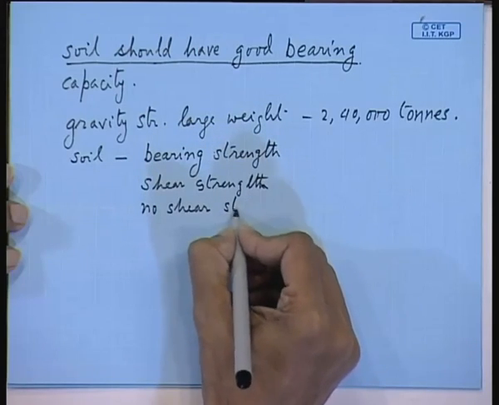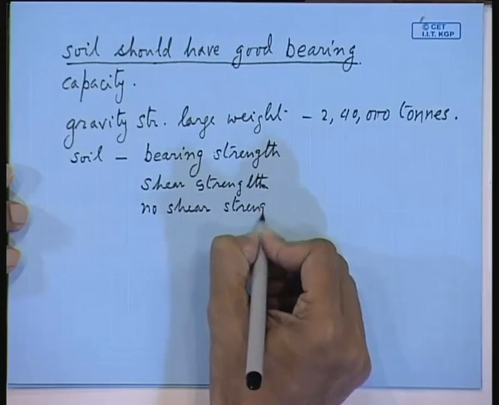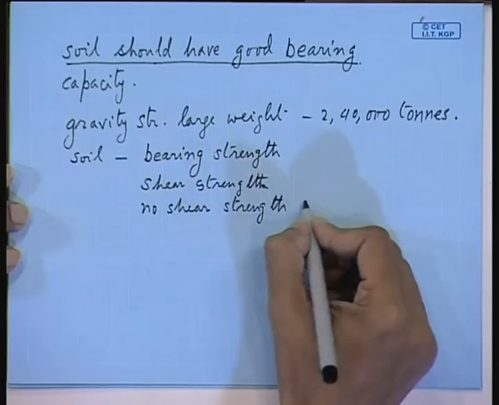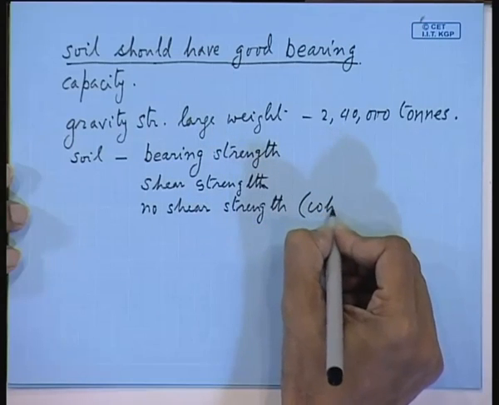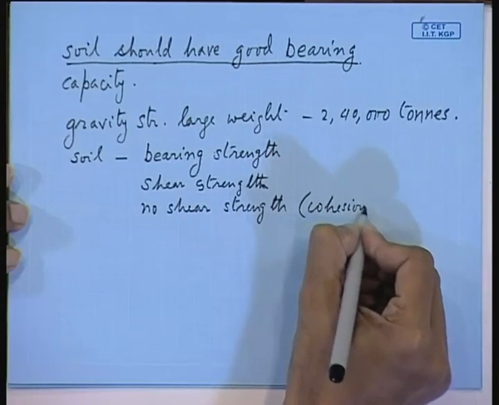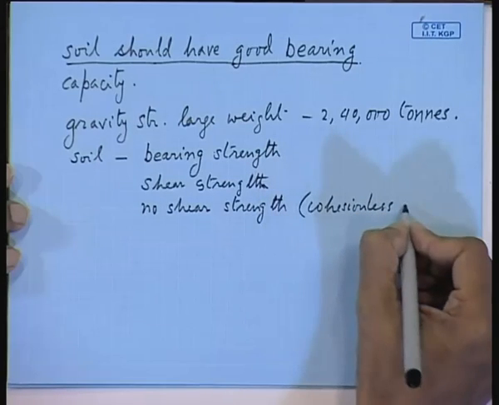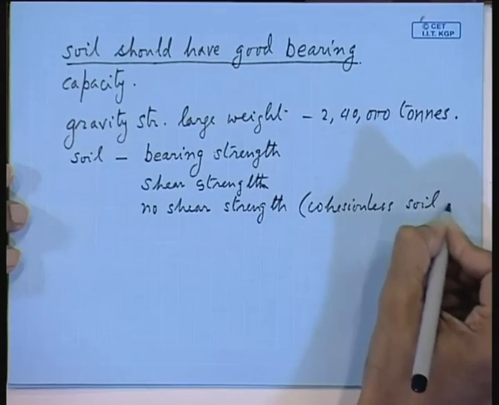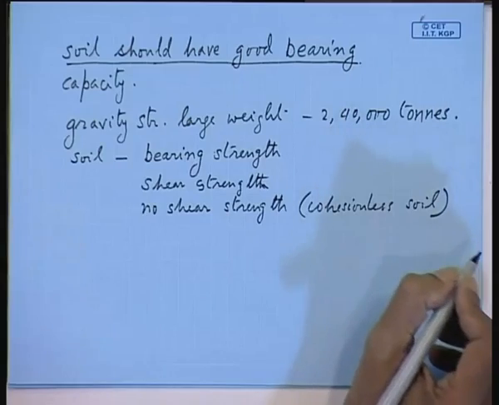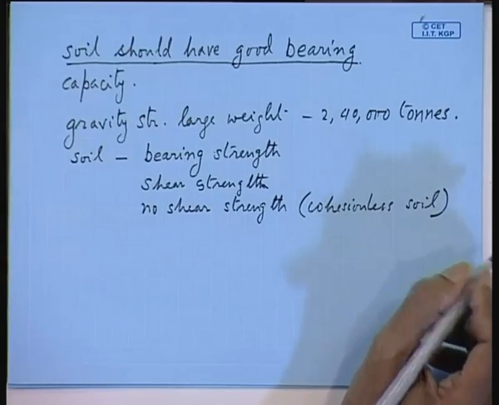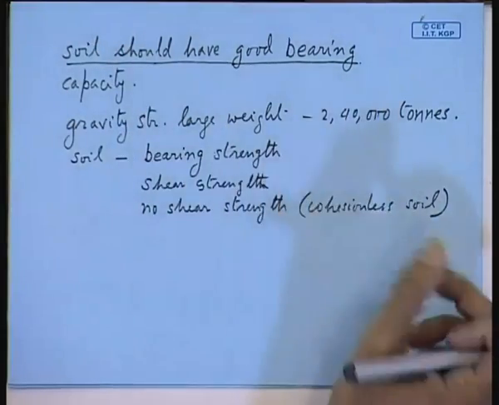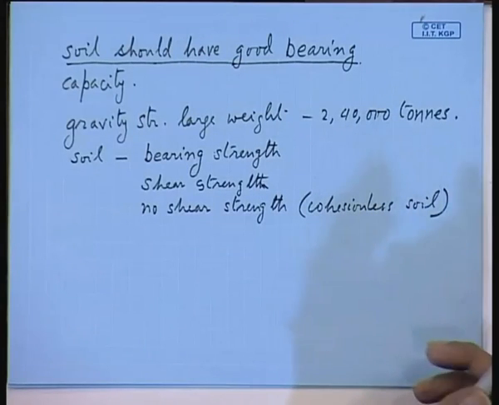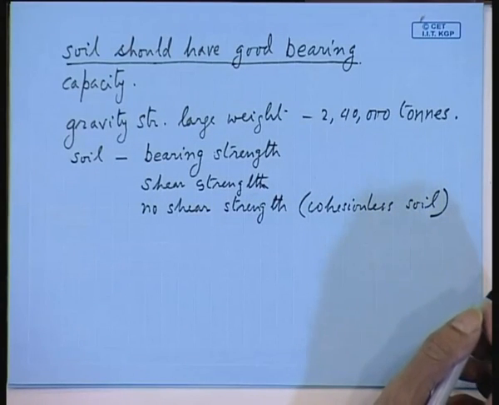I think this particular type of soil is called cohesionless soil. Example is sand. Sand is not cohesive. You cannot take it in your hand and make a lump of it, as you can with clay. Clay is a cohesive soil.